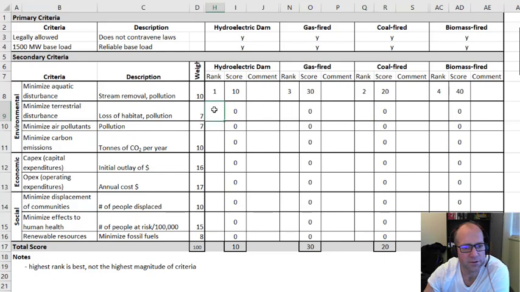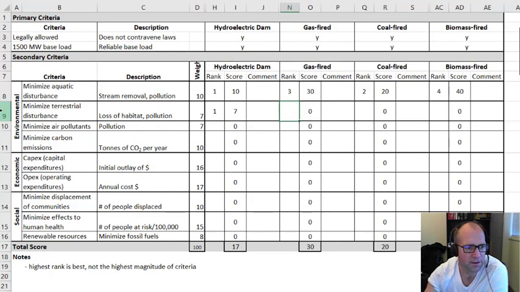So again, hydroelectric dam is going to be probably the biggest disturbance. It's going to turn many square kilometers of terrestrial habitat into aquatic habitat. And if you happen to like aquatic habitat, that might be a good thing, but generally any disturbance to habitat, whether it's aquatic or terrestrial, is negative.